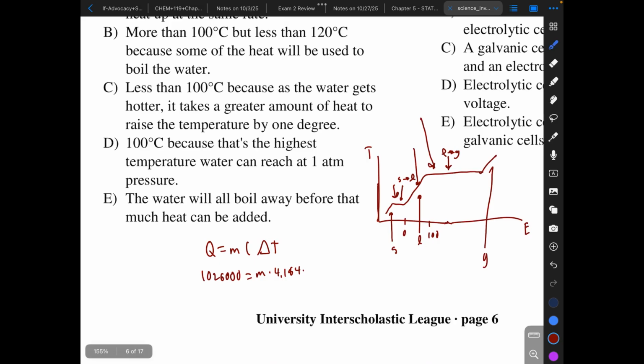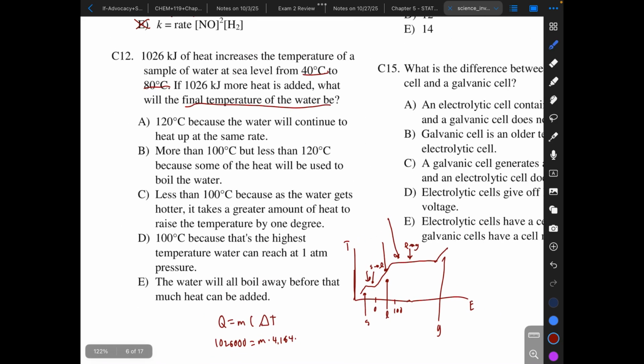And the change in temperature: you're going from 40 degrees to 80 degrees. That's a 40 degree change in temperature. Solving for the mass, we know the mass of the water is 6,130.497.